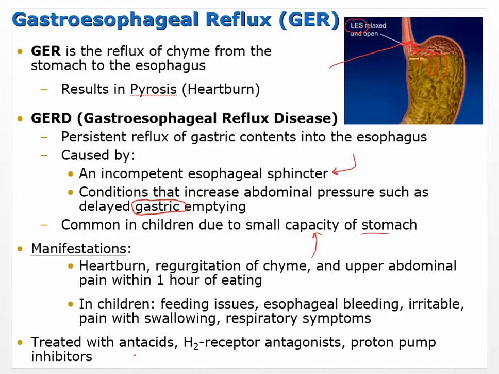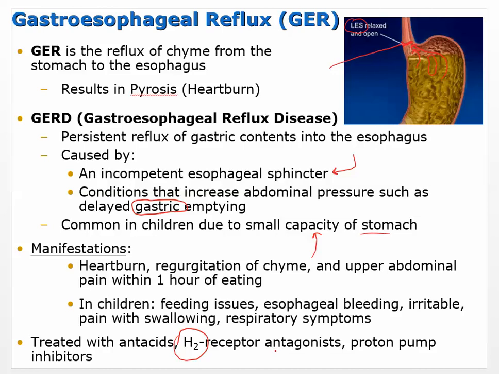So it's treated with antacids, like Tums, things like that, the calcium or magnesium bicarbonates. And H2 receptor antagonists. H2 refers to histamine 2. There's histamine 1, histamine 2 receptors, different receptors, and the histamine 2 receptors are the ones located on parietal cells that are responsible for producing acid.